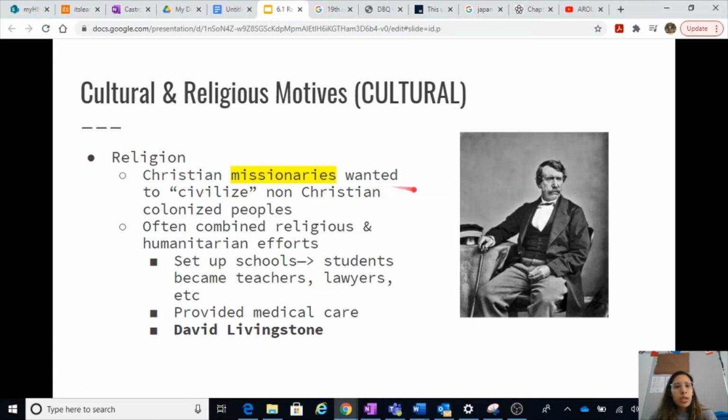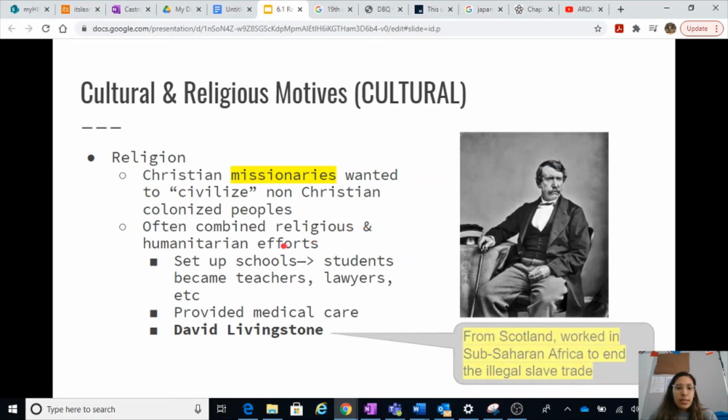Christian missionaries are going to want to civilize these non-Christian colonized peoples, and they're often going to combine their religious efforts with humanitarian efforts. They're going to set up schools, which causes some students to become teachers, some lawyers, some missionaries themselves. They're also going to provide medical care.